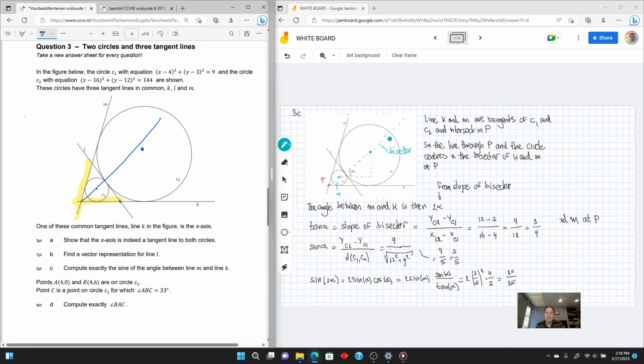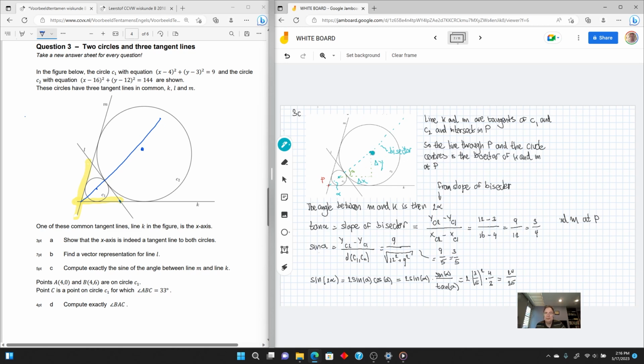So what's the slope of the bisector? Well, there are several ways you can find it, but what I did here is look at the fact that it goes through C1 and C2, and then I have a delta y and a delta x, and the slope is just that ratio.